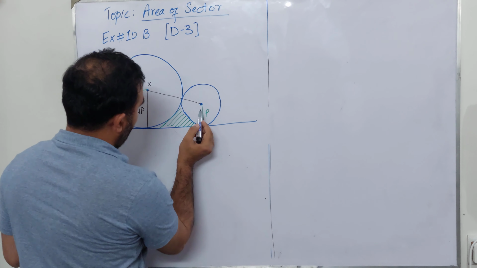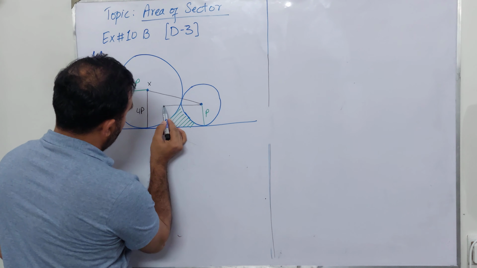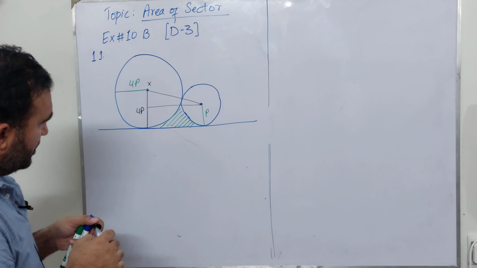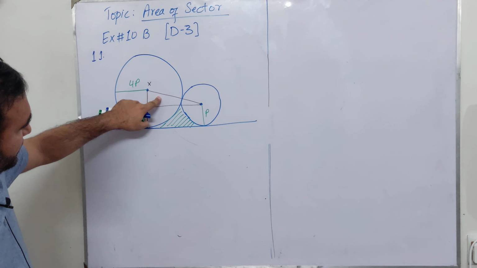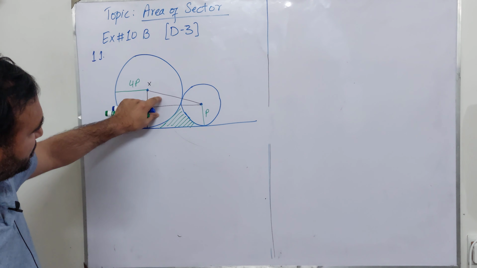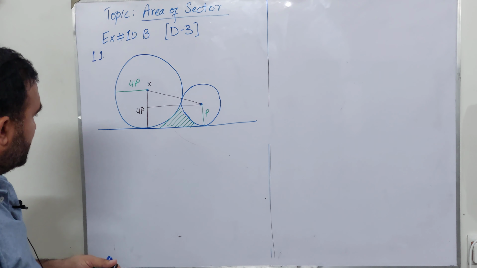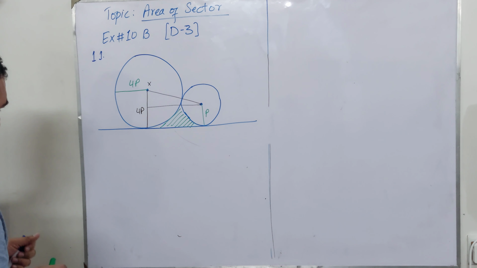Okay, and now draw a parallel line. So this became a right angle triangle, and this is a rectangle, and if you combine these two, the whole diagram is a trapezium. Okay, so it looks like this.